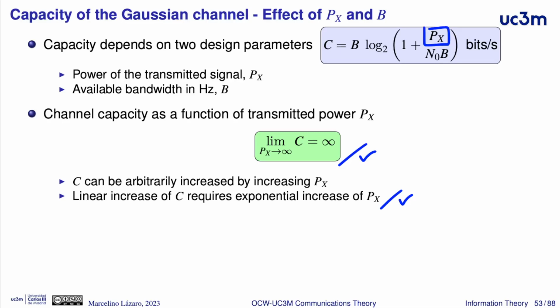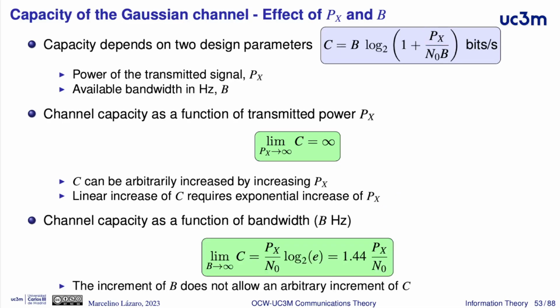If now we analyze the bandwidth, we have two terms here, and this term will tend to increase the channel capacity if we increase the bandwidth, but we have also here the bandwidth in the denominator of this term inside of the logarithm. Therefore, this term will tend to decrease the channel capacity if B is increased, and there is a trade-off.